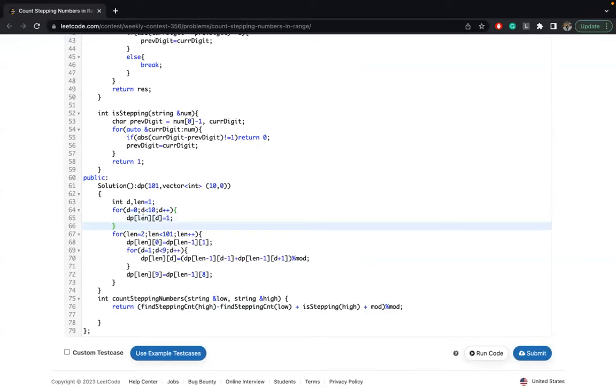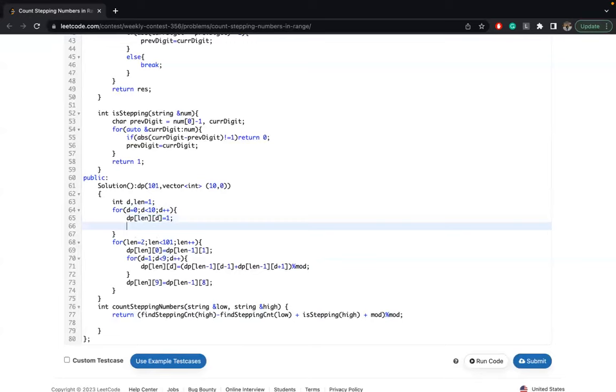If you have just length of 1, then for every digit you will just have 1 as a count. So 1, 2, 3, all those numbers. So DP of 1 comma 3 will be just 1. You cannot have any other thing. So it is for just 1 digit, right?